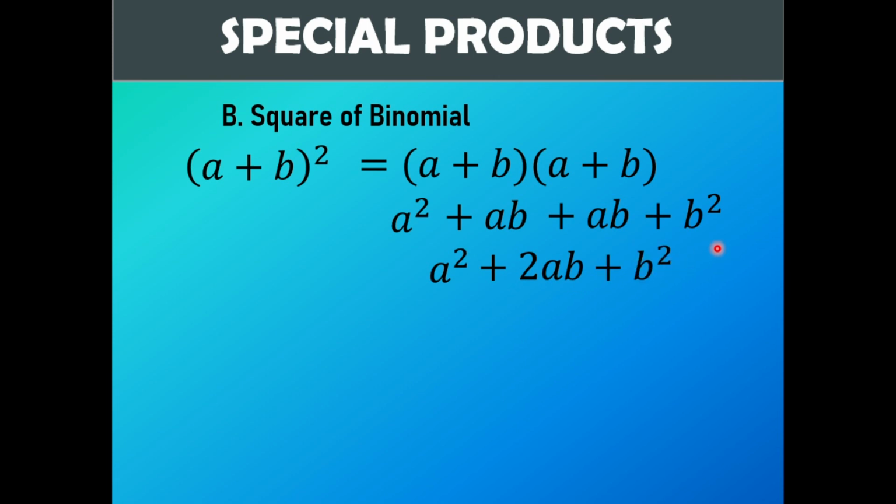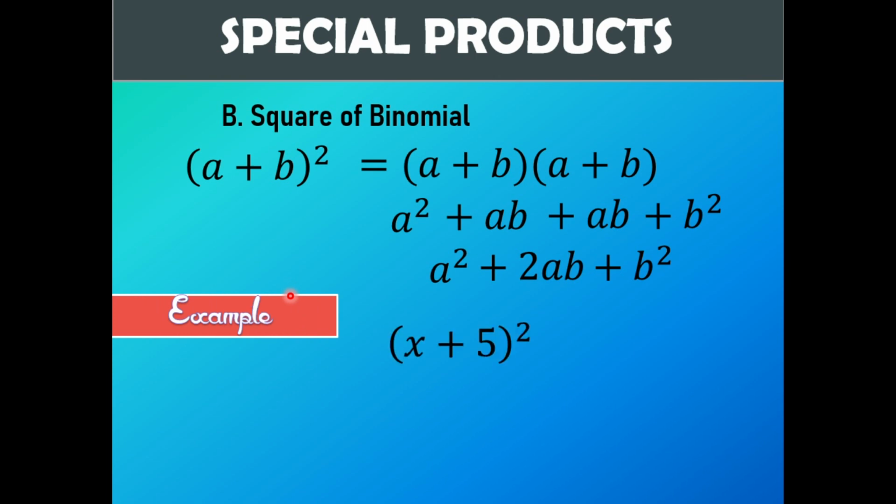So let's have an example of a square binomial. Quantity x plus 5 squared can be expanded into quantity x plus 5 times quantity x plus 5. Using the method I discussed earlier, we will have x squared plus twice the product of 5 and x.